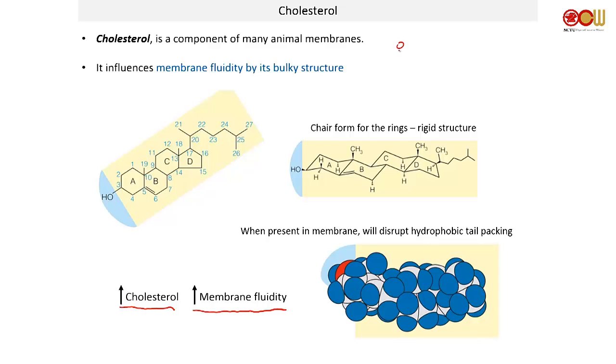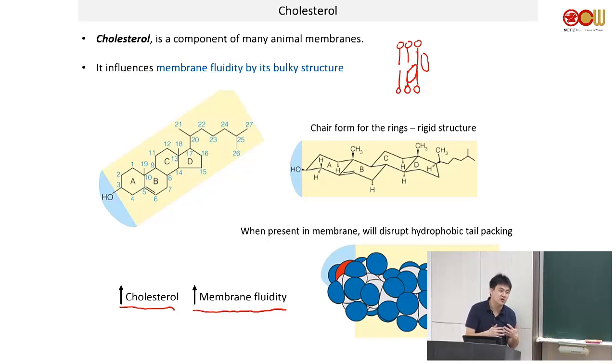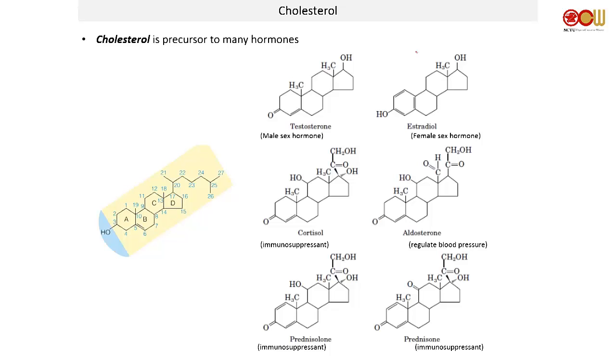As a result, these cholesterol molecules will just get stuck inside the membrane, and they disrupt the bonding pattern of the different lipid molecules, and as a result, your membrane becomes, in a way, softer. Okay, so it's more liquidy, right? Liquid-like.